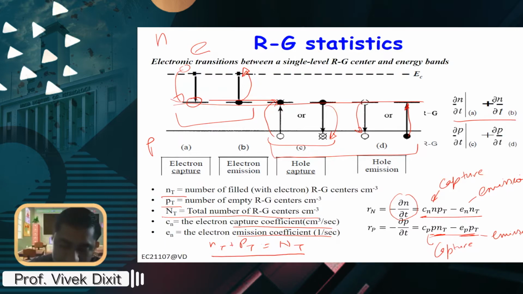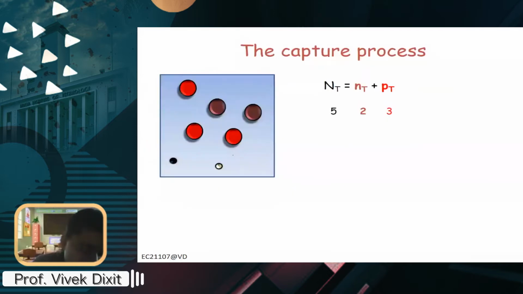Is it okay? Now let us see the picture. Let us say how many states are there in total? 1, 2, 3, 4, 5. Out of them, 2 are filled and 3 are empty.